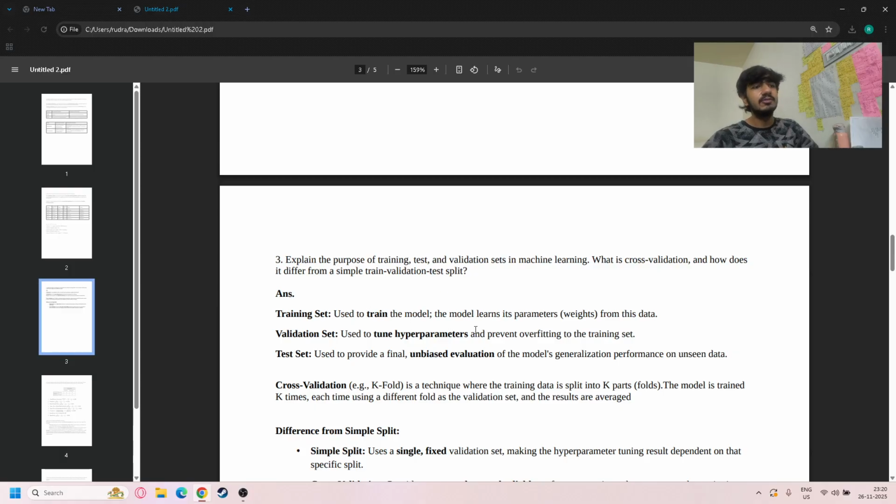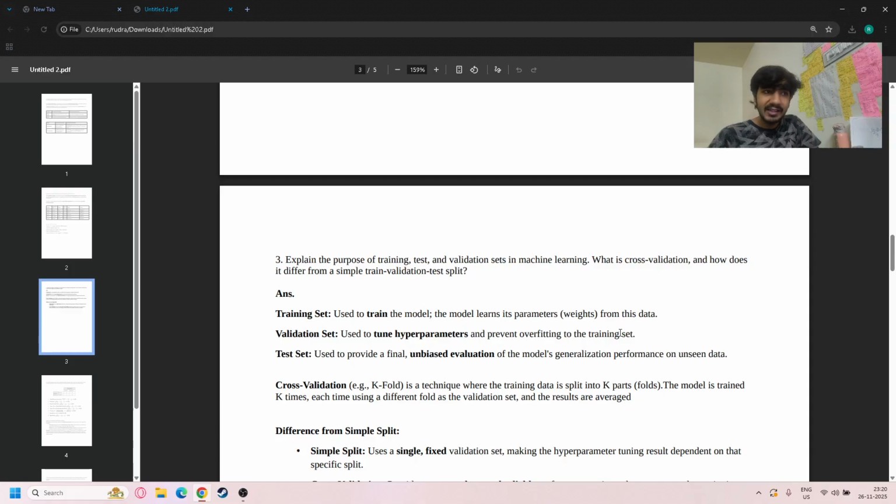Training set, it is used to train the model. The model can learn its parameters from the data and what it needs to do. It's the basic step. The baseline model is learning everything in this stage. The validation set is used to tune the hyperparameters and prevent overfitting. Now what's overfitting? It happens when during the training stage everything was going perfectly, but when new data was introduced, everything goes wrong.